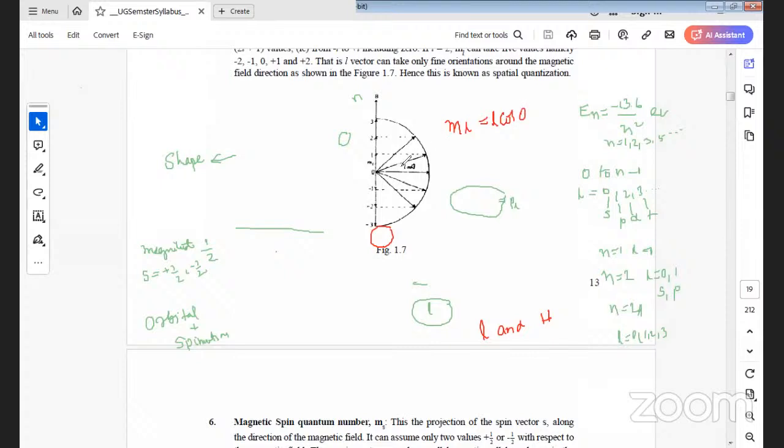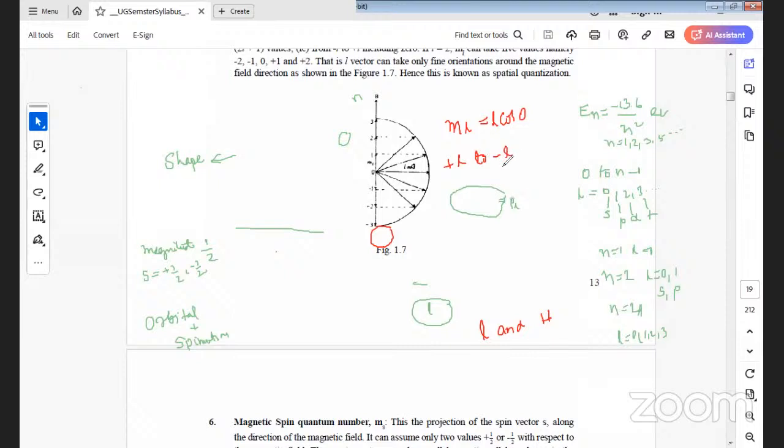Because ML has to be an integer and cos theta can never exceed unity, the maximum value of cos theta is 1. Hence, the permitted values of ML are from plus L to minus L.